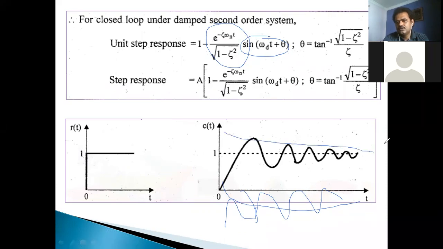It reaches the steady state value after a certain time. Because of this exponentially decaying function, the oscillations decrease. The oscillations are due to this sinusoidal function. Simply if we substitute the values, you will get the response something like this.